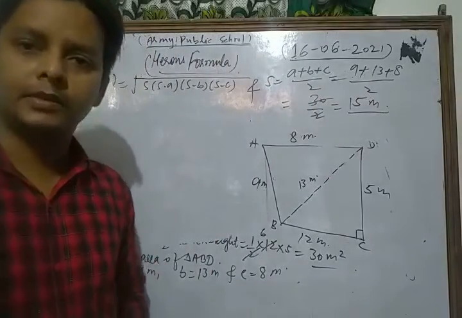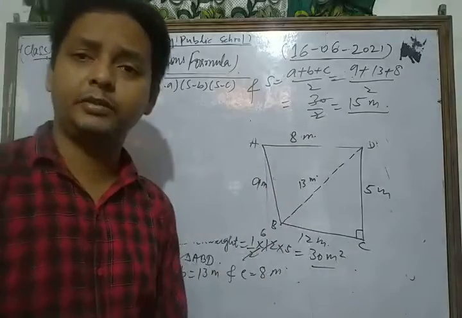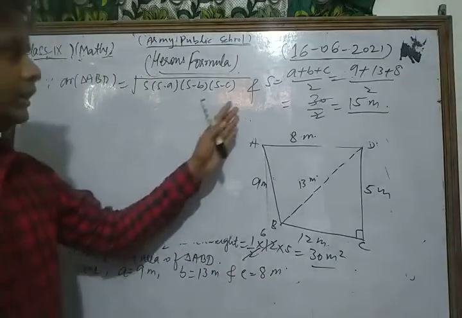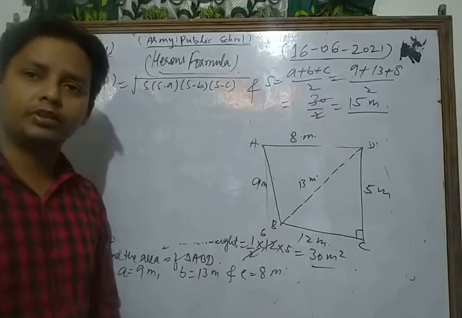So in this way, the semi-perimeter of the triangle ABD is 15 meter. Now we put each and every value in that formula for finding the area of triangle ABD.